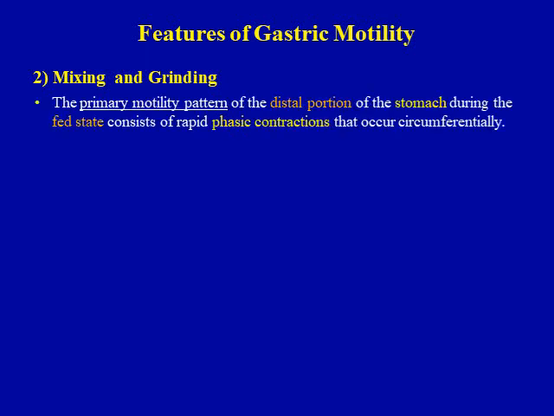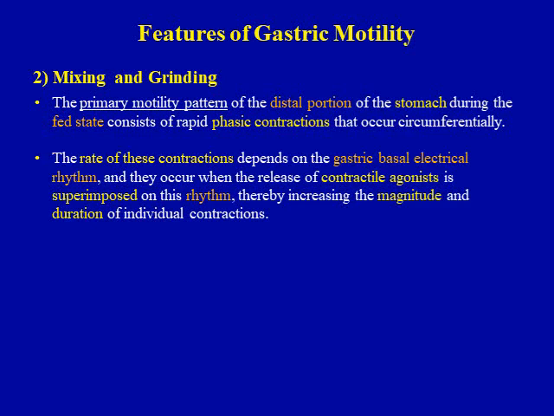The other motility pattern is mixing and grinding. It is the primary motility pattern of the distal portion of the stomach during the fed state, and consists of rapid phasic contractions that occur circumferentially.